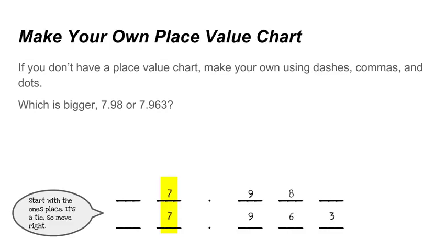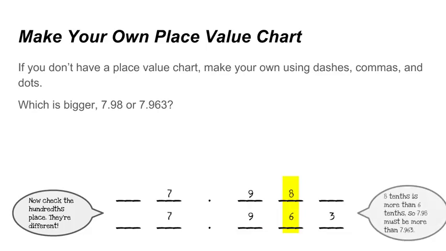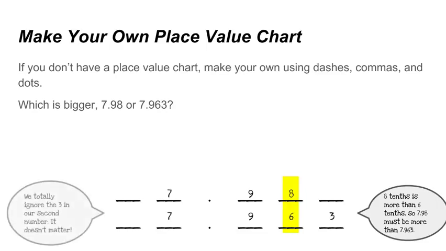In this case, I'm starting in the ones place. It's a tie, so I move to the right. Now I check the tenths place. It's still a tie, so I move to the right. Now I check the hundredths place, and I realize they are different. 8/100ths is more than 6/100ths, so 7 and 98 hundredths must be more than 7 and 963 thousandths.